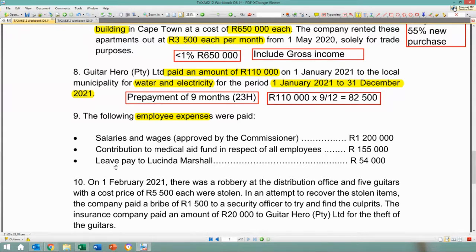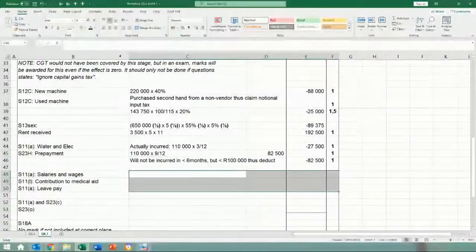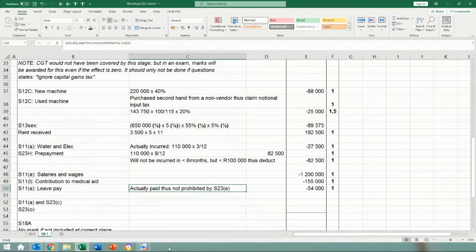If it was a provision for leave pay, then it would have been prohibited. So based on this information, you would be able to deduct all 3 amounts because they were actually incurred. Normally leave pay is a provision in our accounting records, but because we've actually physically paid this amount, we can deduct it.